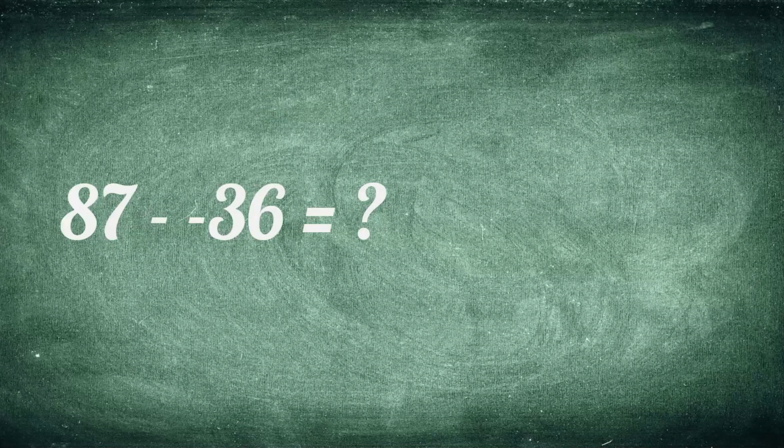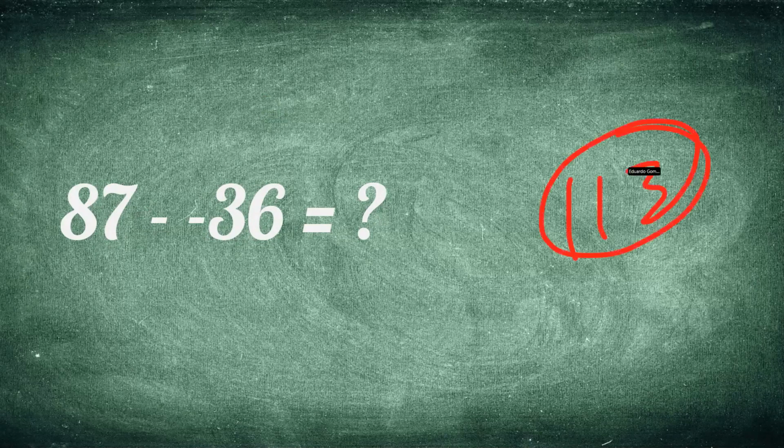Who's got it? Raise your hand. Okay, someone's not following directions. Yes, positive 113. Why? Because subtraction is addition of the opposite.